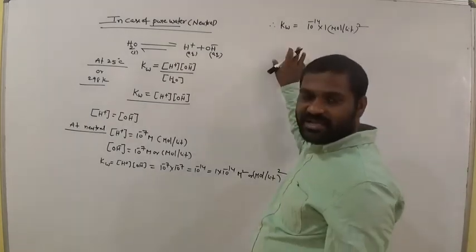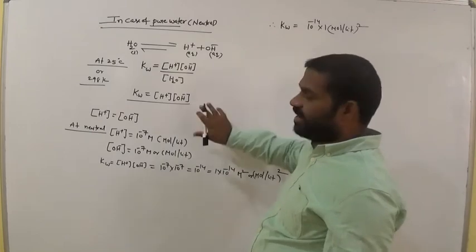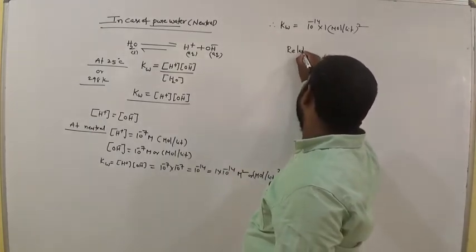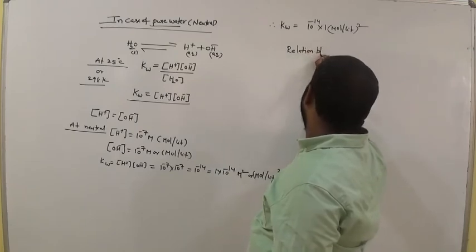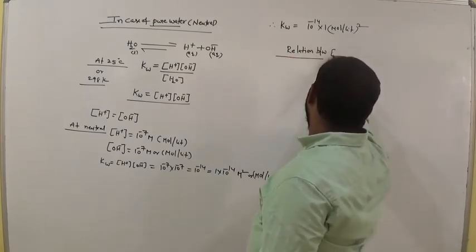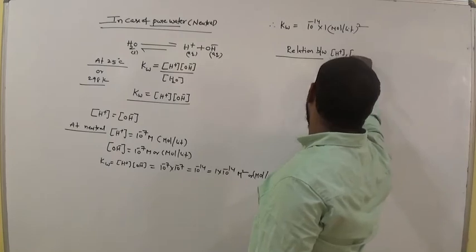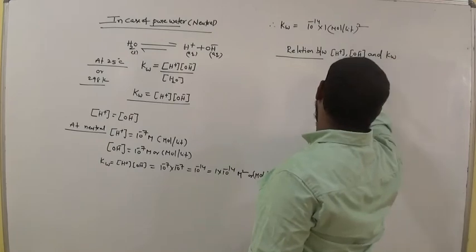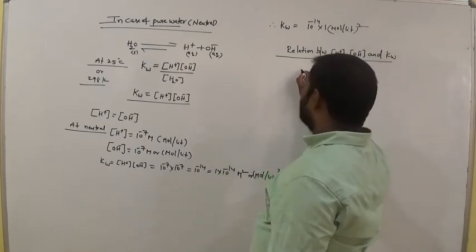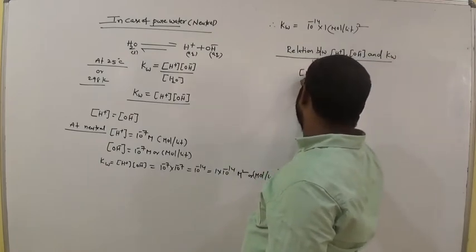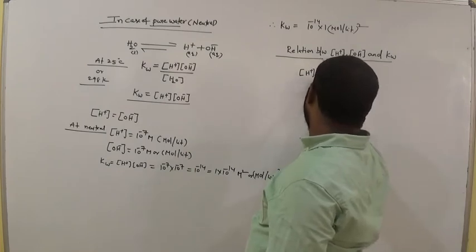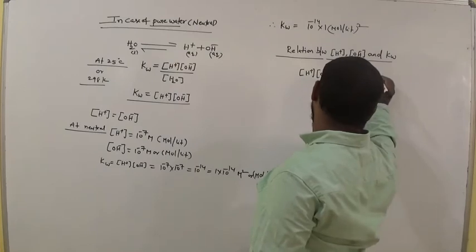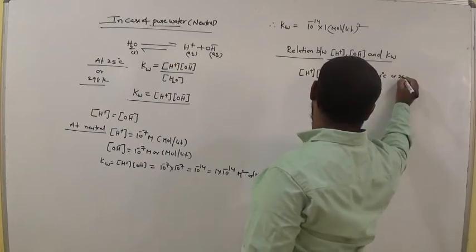So let's see an interesting point here: the relation between H plus, OH minus and Kw. What we know here is that the molar concentration of H plus times the molar concentration of OH minus equals Kw at 25 degrees Celsius or 298 Kelvin.